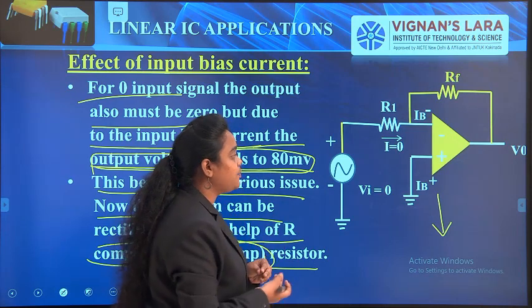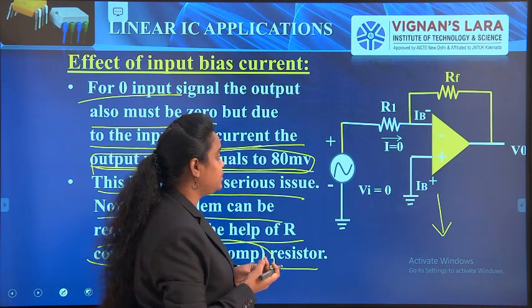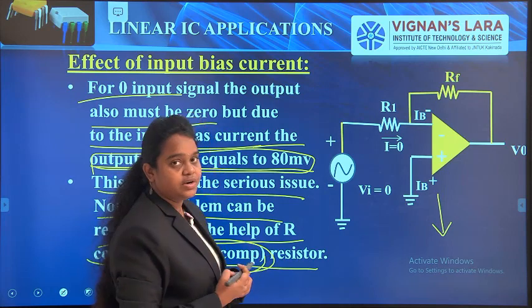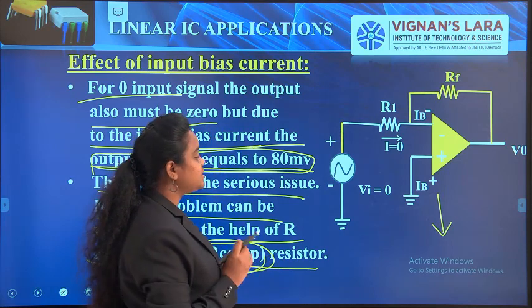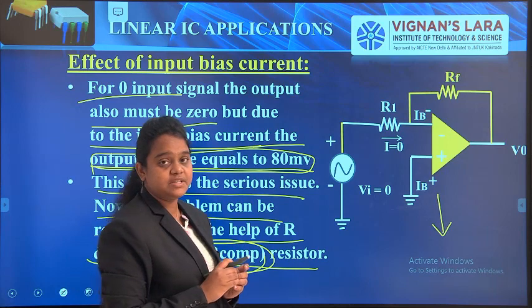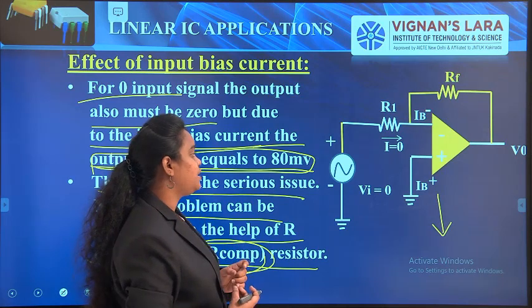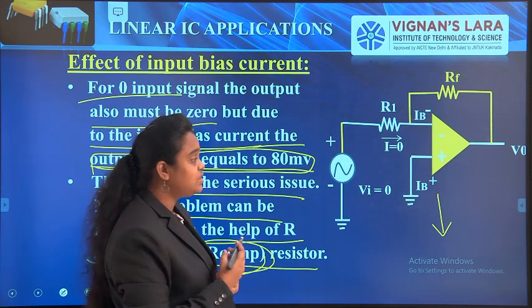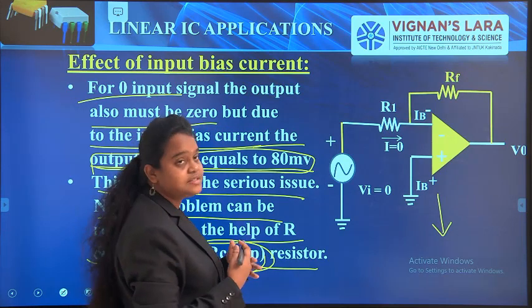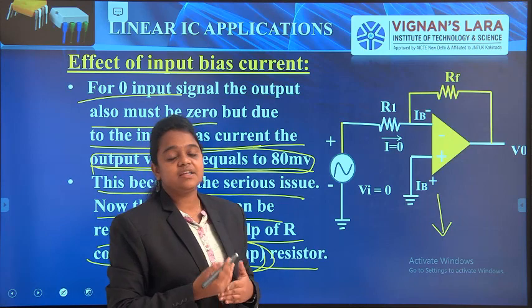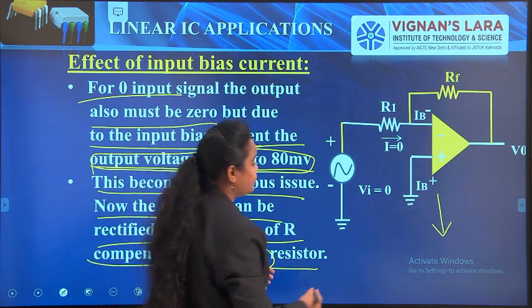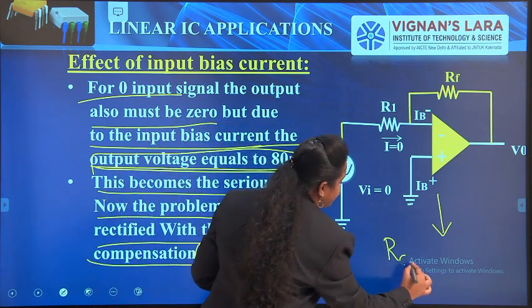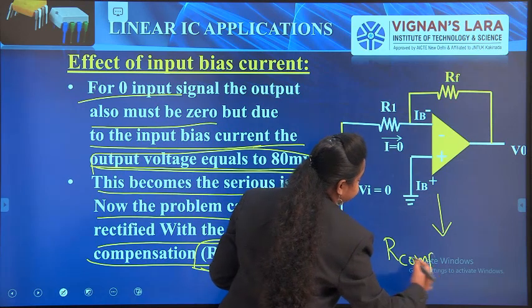For zero input we should get zero voltage, but due to the input bias current there is some output voltage. So it is a serious issue to have millivolts at the output, and to avoid it I am going to add the compensation resistor.